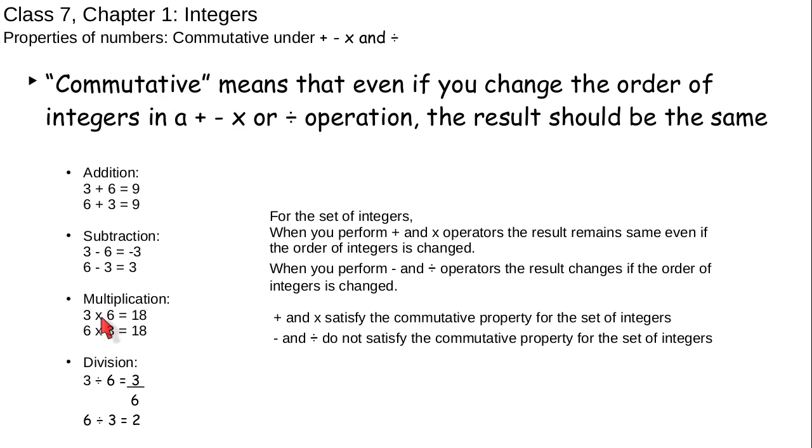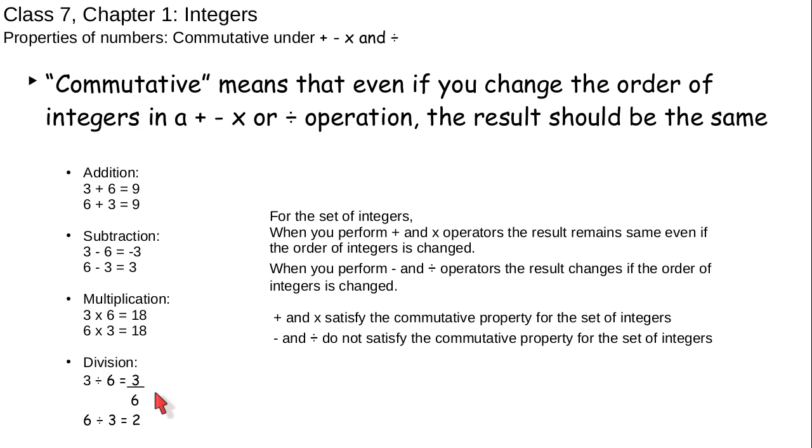In the case of multiplication, 3 into 6 is 18. 6 into 3 is also 18. In fact, if you take any two integers and multiply them, even if you change the sequence of multiplication or the order of multiplication, the result will still remain the same. So the multiplication operator for integers satisfies the commutative property.